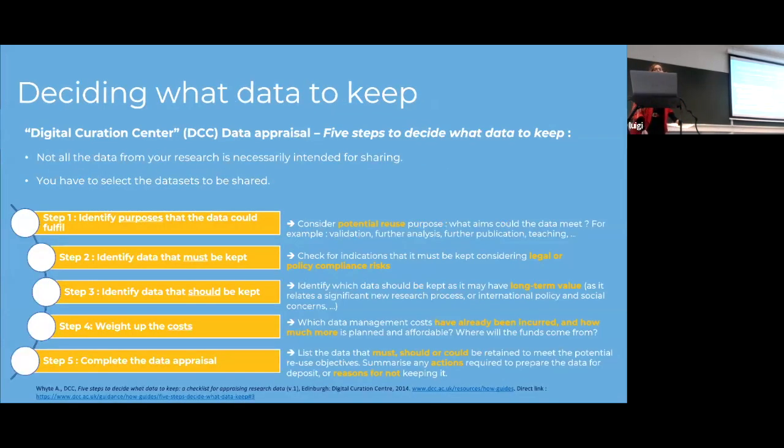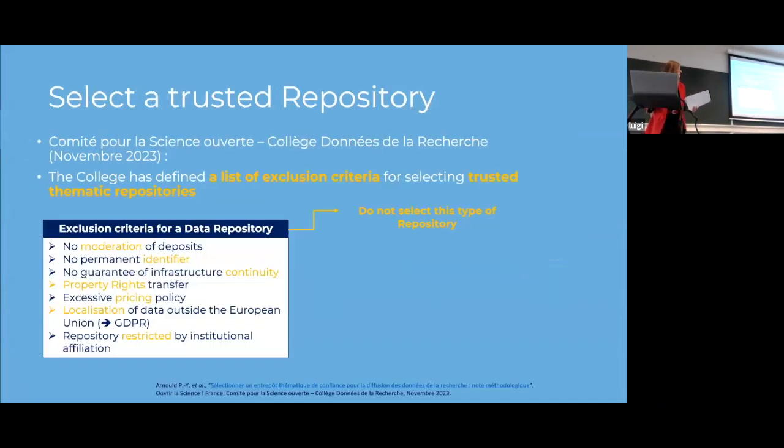Do you know if GitHub is okay? On the previous slide, yes. Sorry? On the previous slide, GitHub was written, but I was asking if it fills all the criteria. I don't know. I come from human sciences, so I can't answer this question. But you have the criteria, and you can check it for GitHub. I don't know for the moment, but I can check.